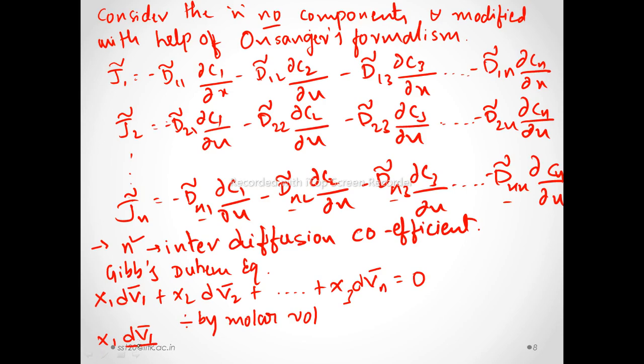okay, I have to write it on the whiteboard only. x1 divided by Vm into dv1 bar plus x2 divided by Vm dv2 bar plus up to xn divided by Vm dvn bar is equal to 0.